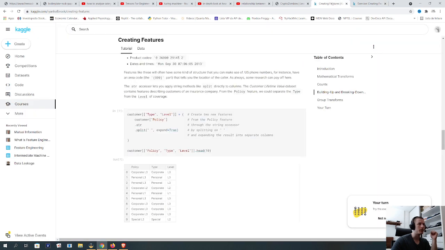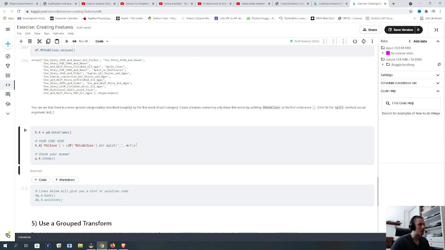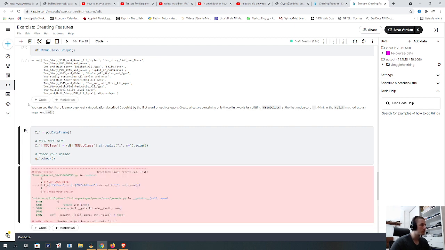And I need to join with the first two words. Maybe this n equals one already split, already gets only the first, the first two only. Oh, it's a series object.